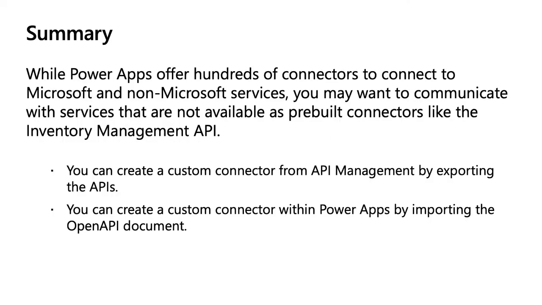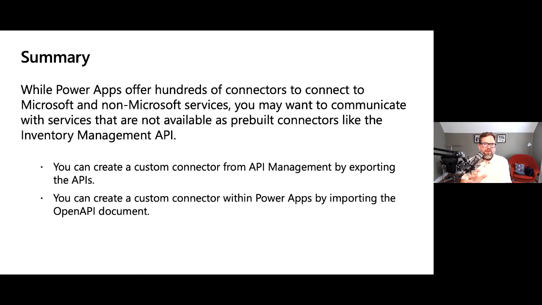Okay, so let's sum everything up here. Power Apps itself has hundreds of connectors. You can connect to Microsoft products, like Outlook to send emails, to view other people's calendars. You can connect to the Microsoft Graph API to view people's managers in Azure Active Directory.